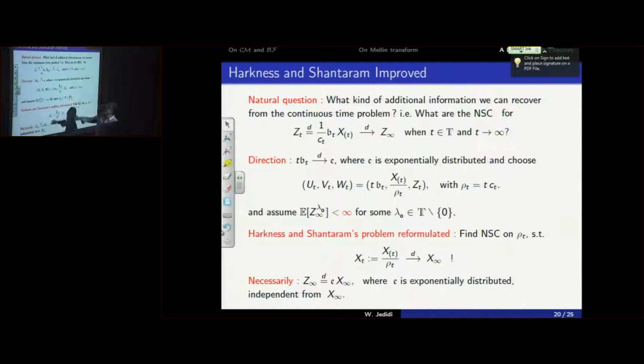And we just noticed that the stationary excess operator in continuous time actually has this form, with a beta mixing.